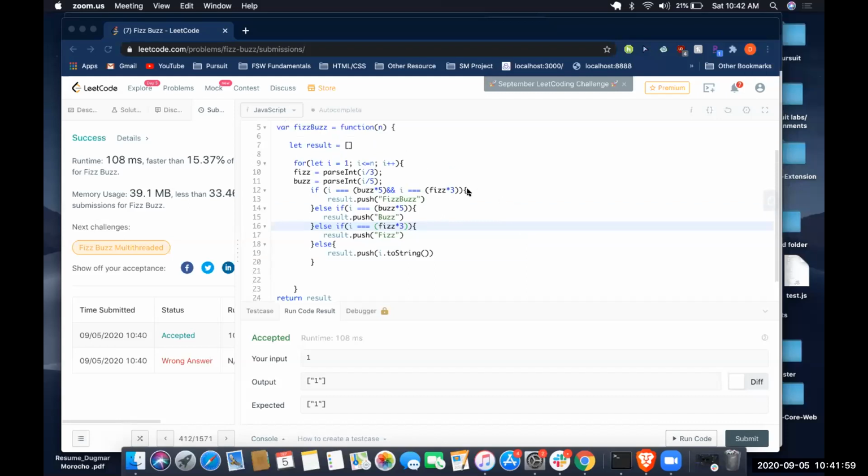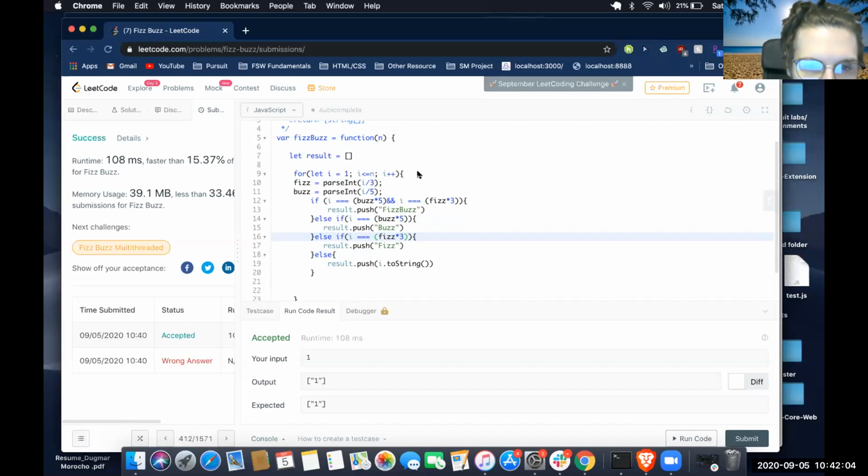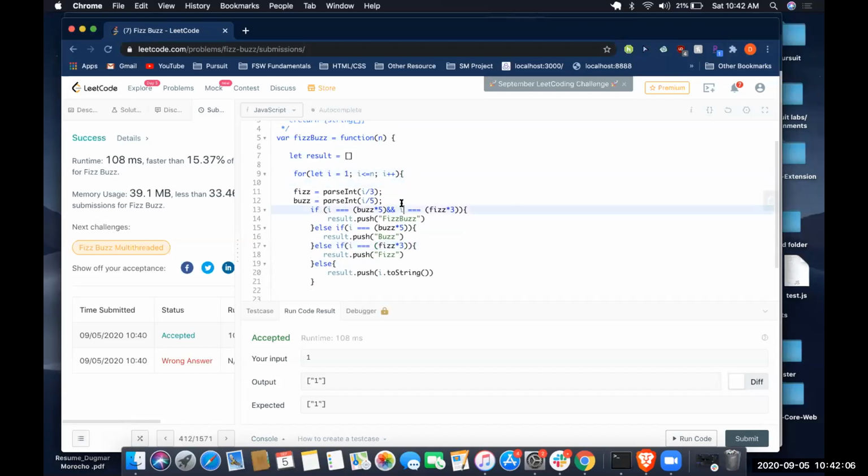So I'm looping through, and at every instance, fizz is going to be represented by that number divided by 3, and then I parse into it. So for example, if it's 3 divided by 3, it's going to be 1.